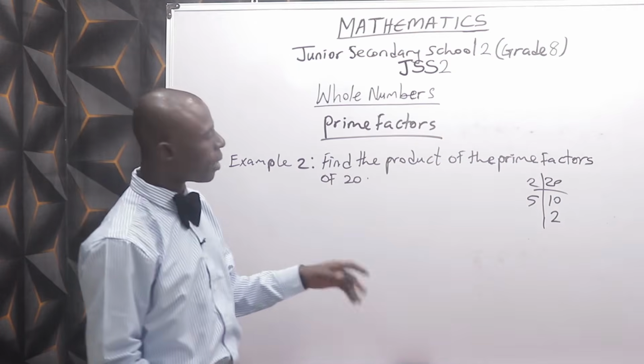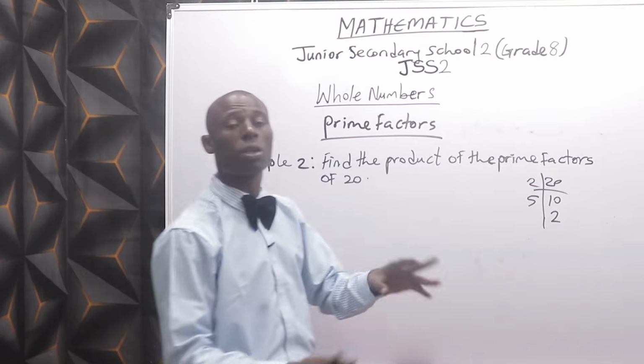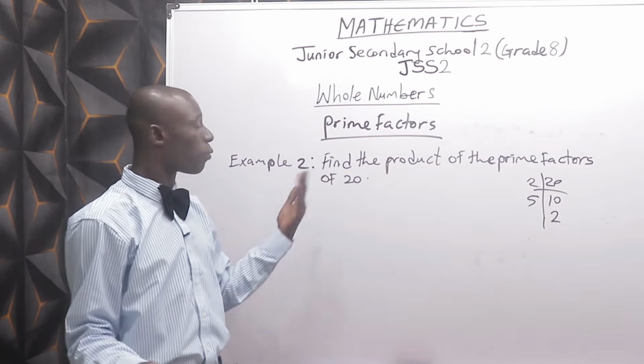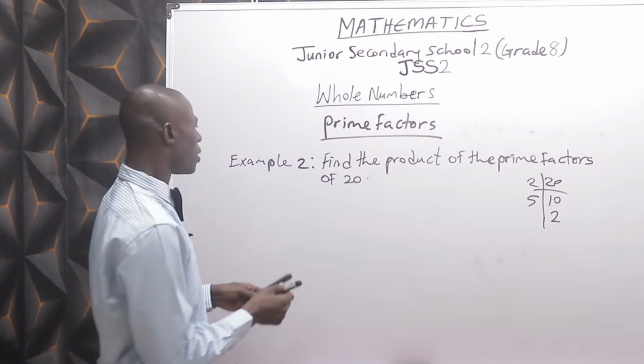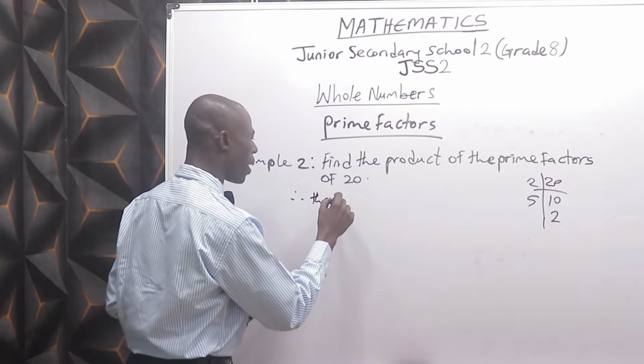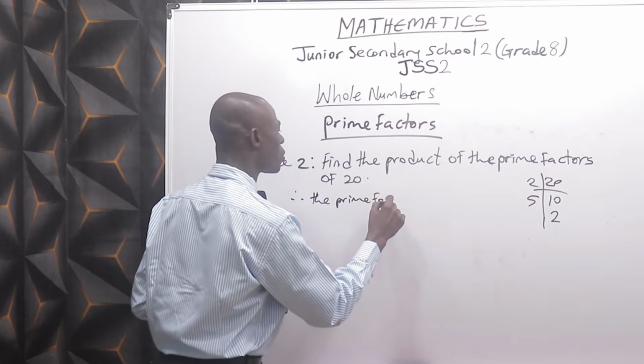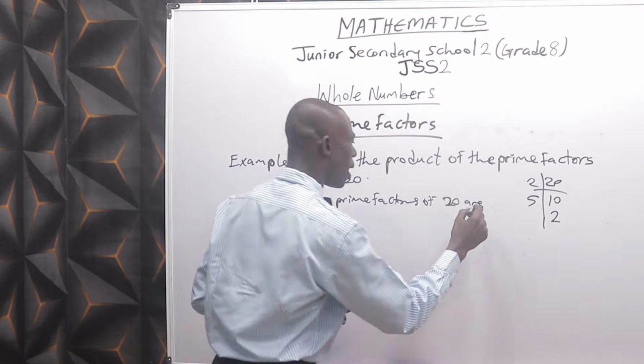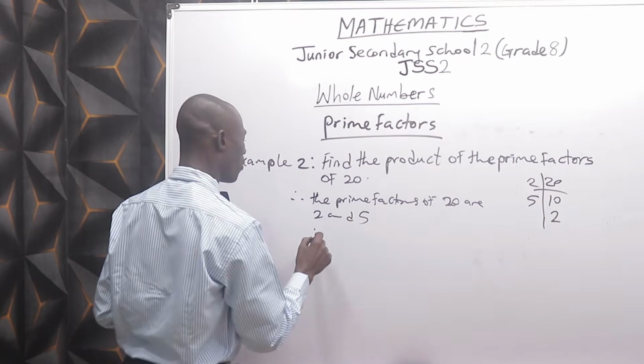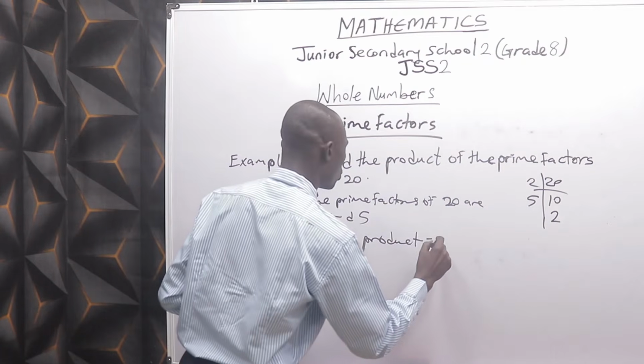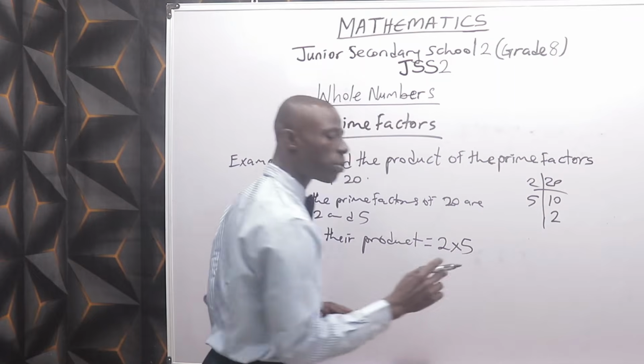So you stop there, meaning that 2 and 5 are just the prime factors of 20 we may have. Therefore, the prime factors of 20 are 2 and 5. Therefore, their product is equal to 2 times 5. Product is multiplication.